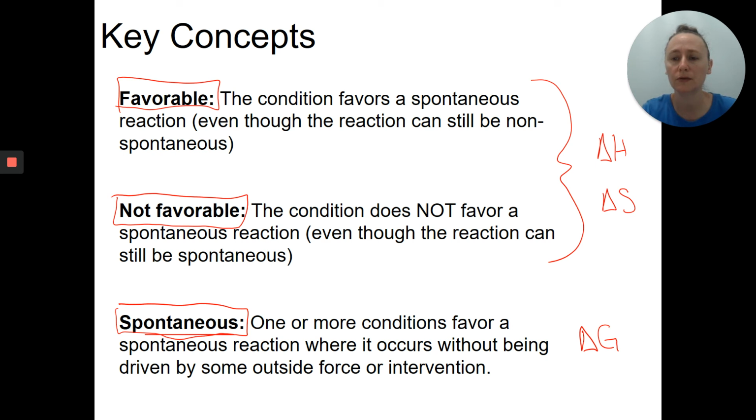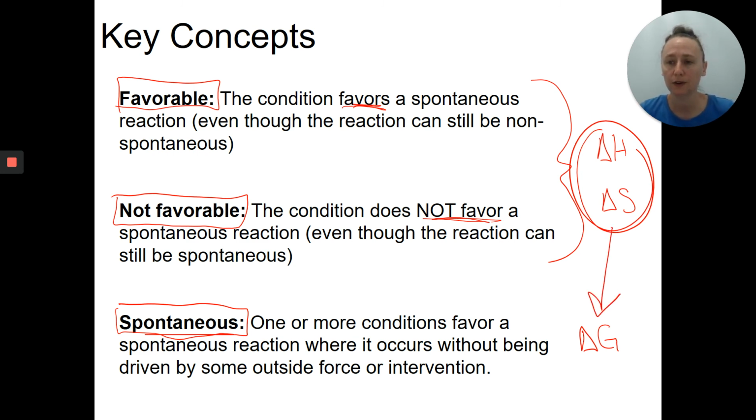Either the entropy or the enthalpy can favor a spontaneous reaction or not favor a spontaneous reaction, but those descriptors don't decide whether the reaction is spontaneous. These are things that will have to work together to figure out spontaneity, and we'll work through that more later in the unit.